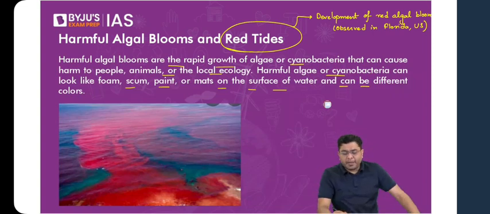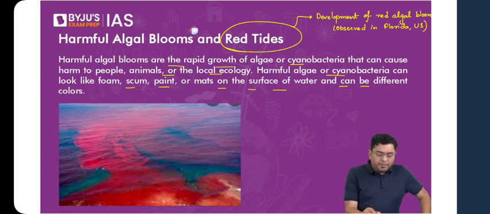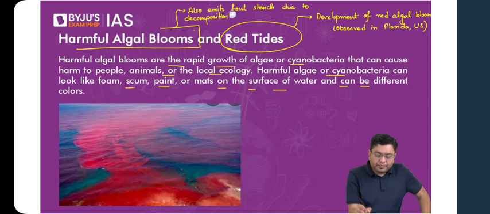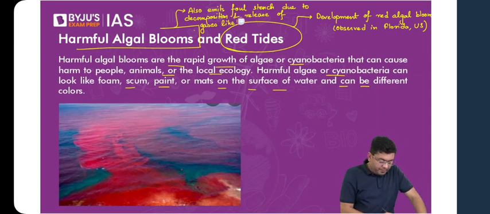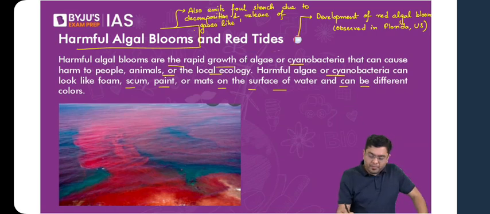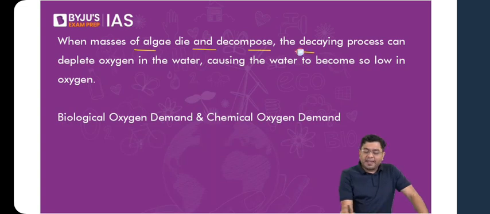So harmful algal bloom also emits a foul stench due to decomposition and release of gases like hydrogen sulfide and methane. Now, when masses of algae die and decompose, the decaying process can deplete oxygen in the water, causing the water to become so low in oxygen that it creates a dead zone. Creation of dead zone.